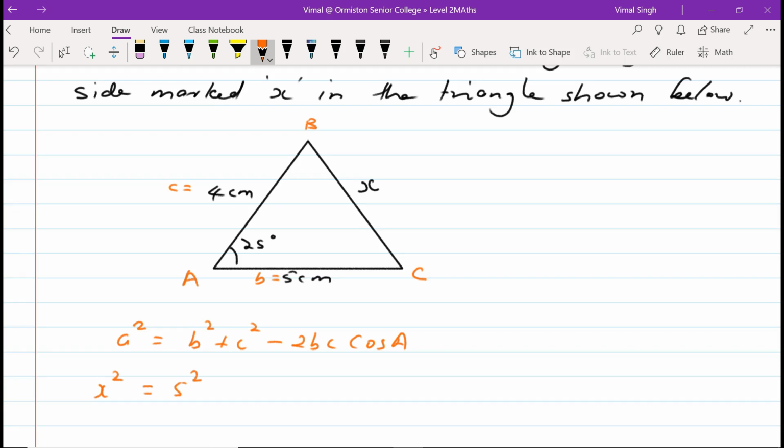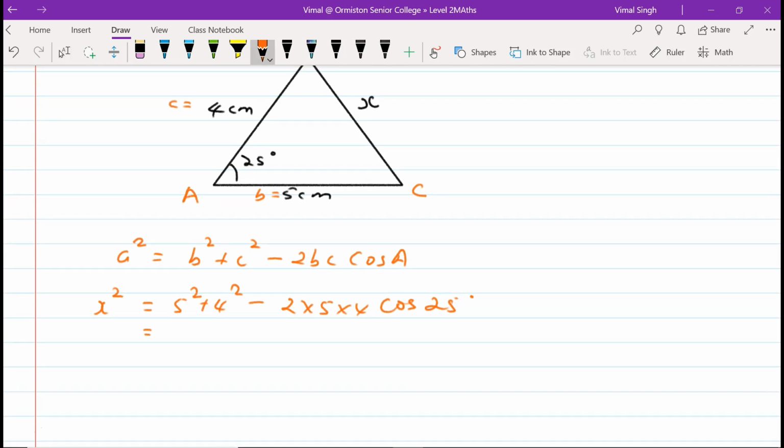So c is plus 4 squared minus 2 times 5 times 4 cos of 25 degrees.